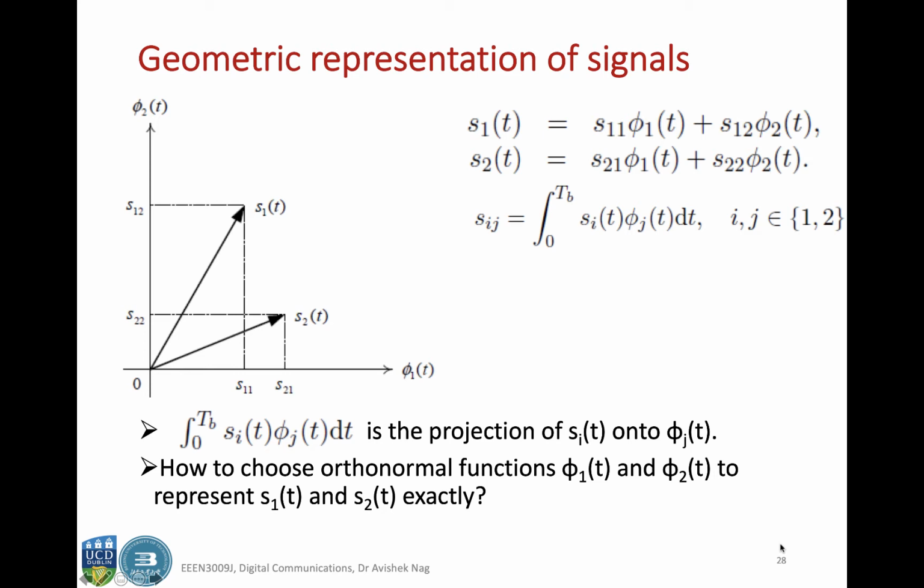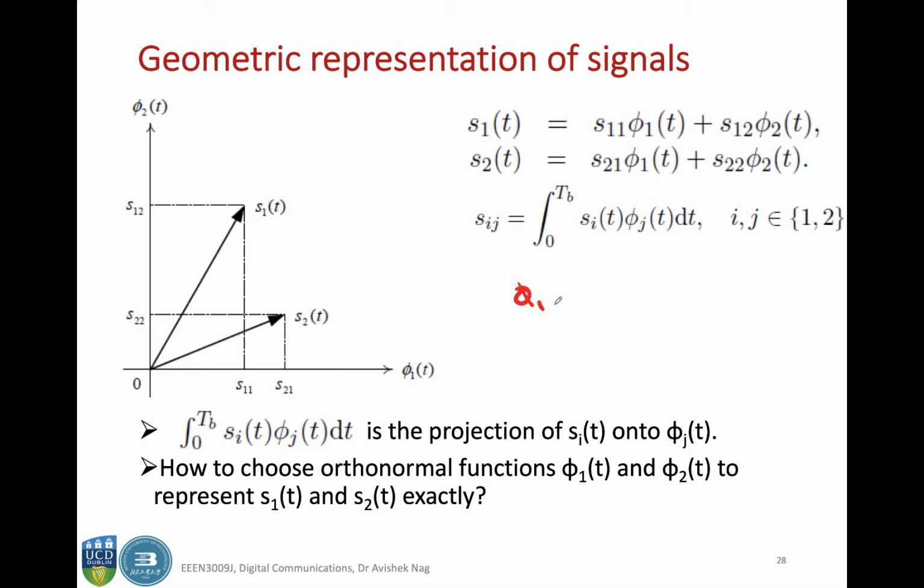And we can generalize this concept and define any signal in an n-dimensional signal space, provided that we can find a set of orthonormal basis functions, phi1, phi2 up to phi n.